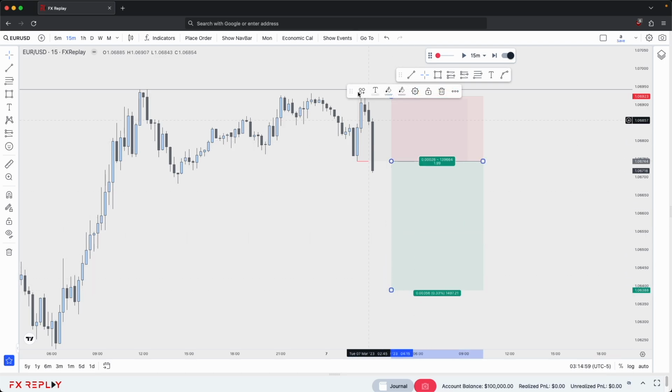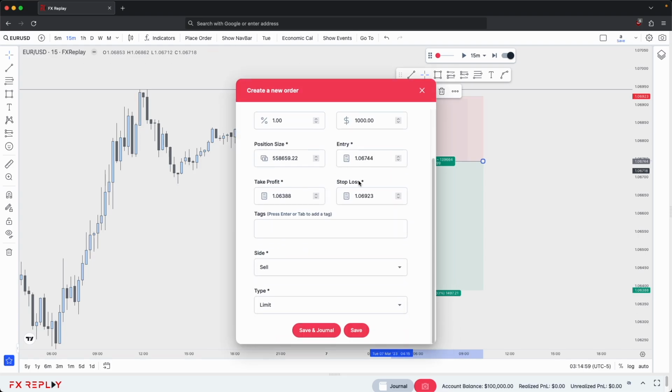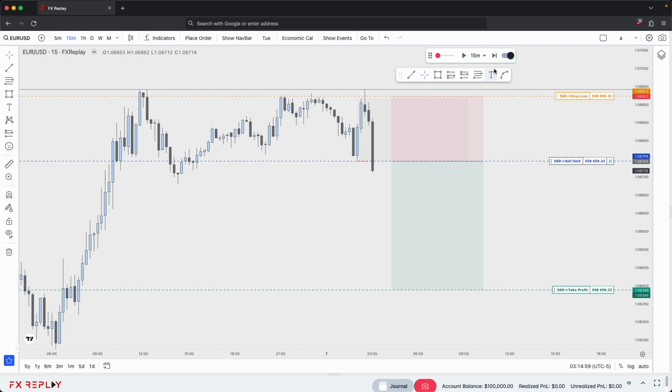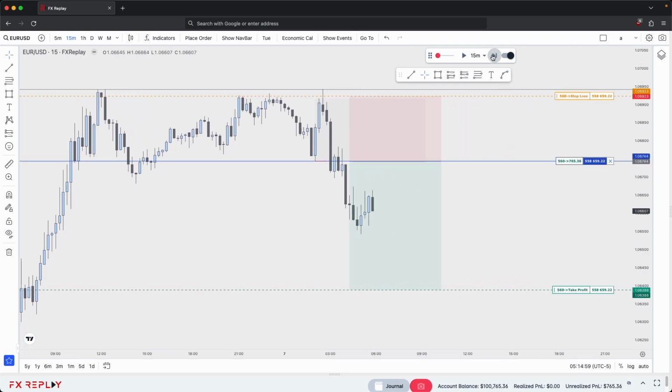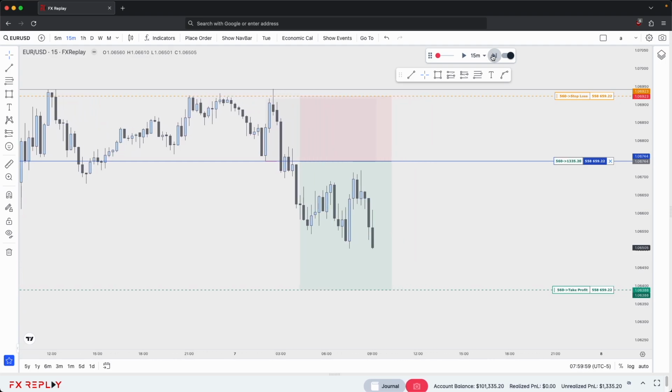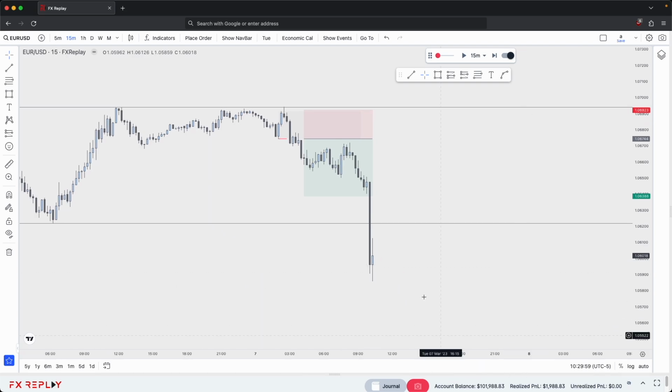Targeting your fixed 2R. Now let's place an order. So initial balance, 1% risk, save. Putting price out, taps us in, and let's see if it hits our TP. And so it does. That is your first winning trade, 2R.